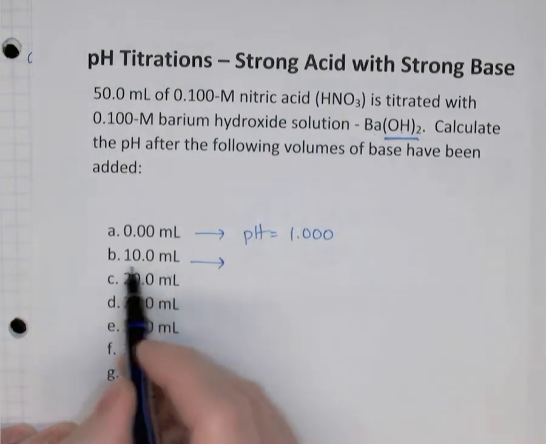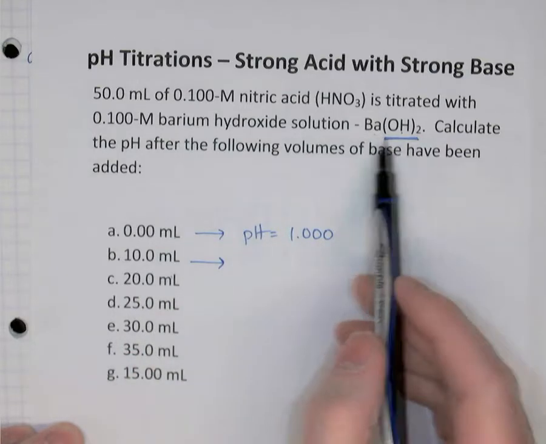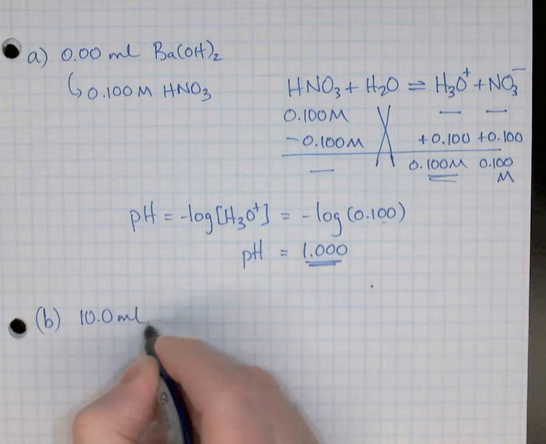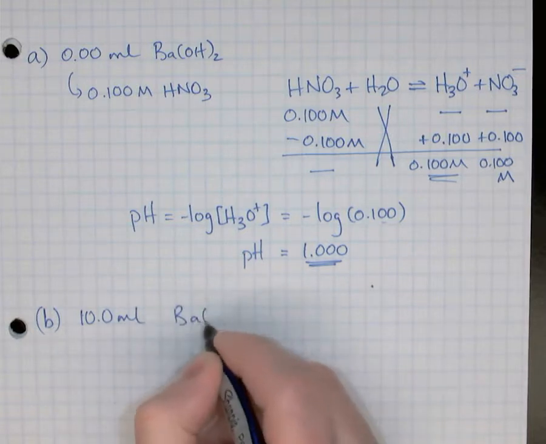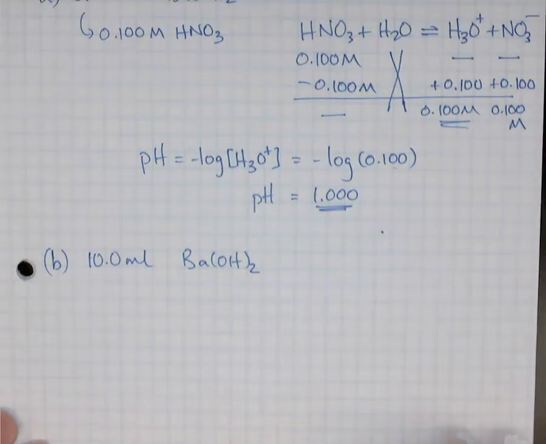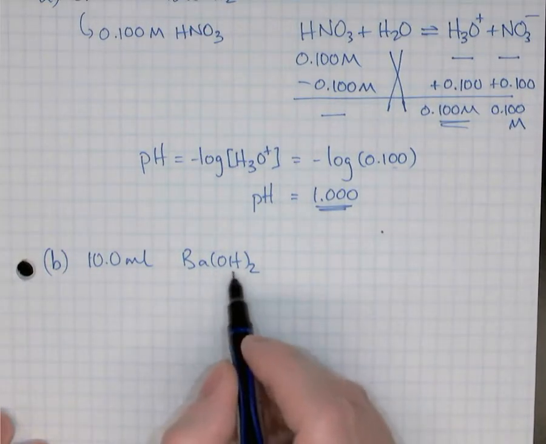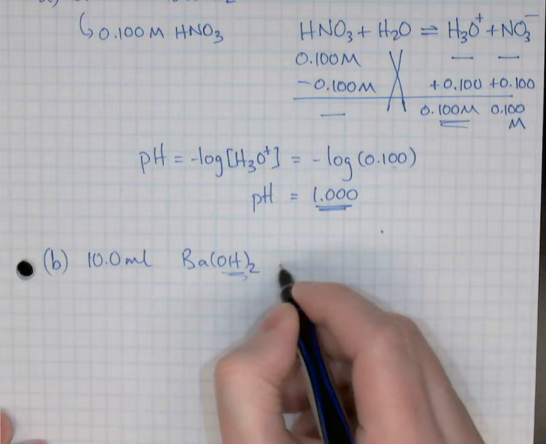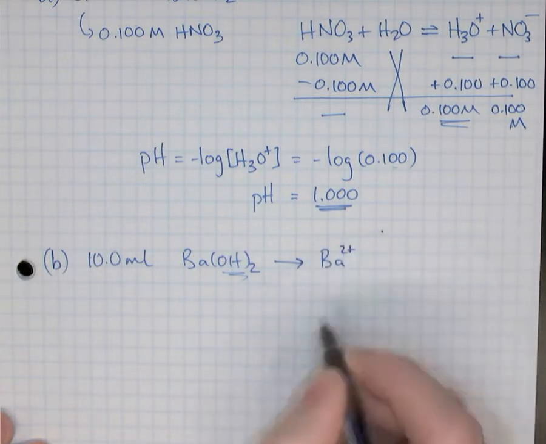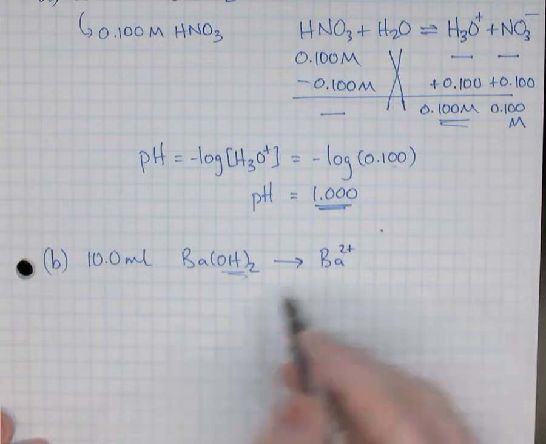We're going to add 10 milliliters of the barium hydroxide. 10 mils of barium hydroxide. Now notice that the barium hydroxide has 2 hydroxides in its formula. If it dissolves in water, you get 1 mole of barium ions for every mole of barium hydroxide.